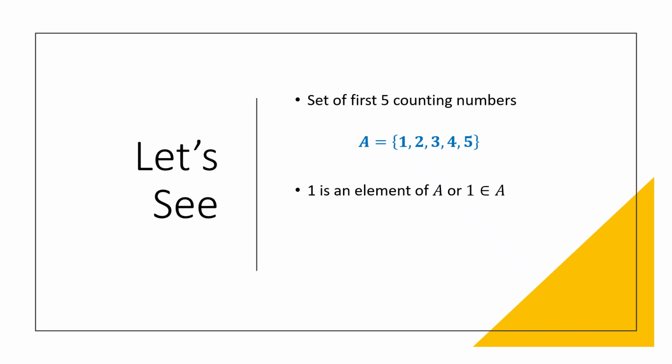So 1 is an element of A, or we can denote it by this symbol. As you can see, 1 is inside set A. Another example, 2 is an element of A. As you can see here, 2 is inside A. Another, 6 is not an element of A because 6 is not in A. So therefore, 6 is not an element of A.